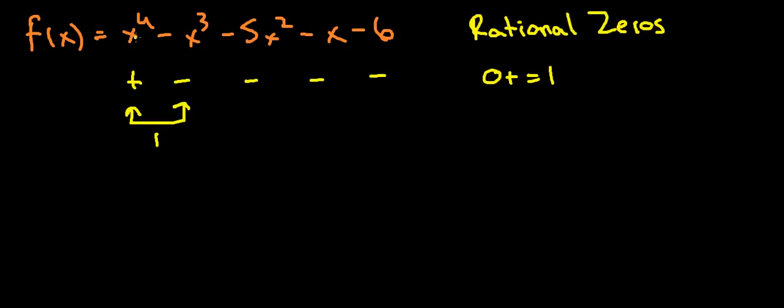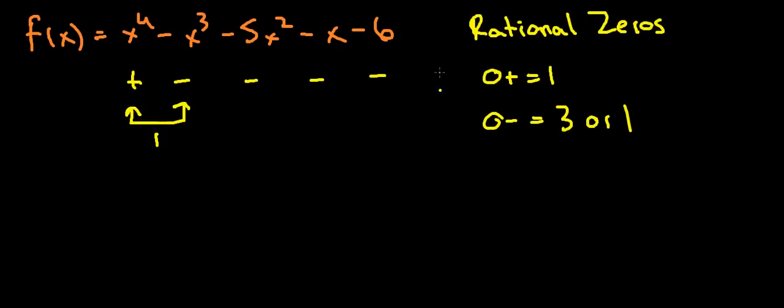And we can look over here and see that this is an x to the 4th. And the maximum amount of positive zeros there can be is 1. So that means there can be a maximum of 3 negative zeros, and we have to keep subtracting that series of 2's. So that means we can have 3 or 1.